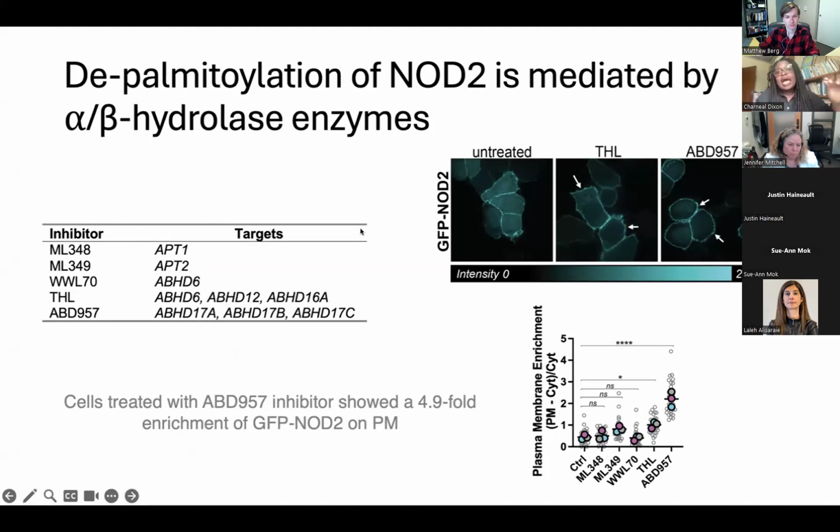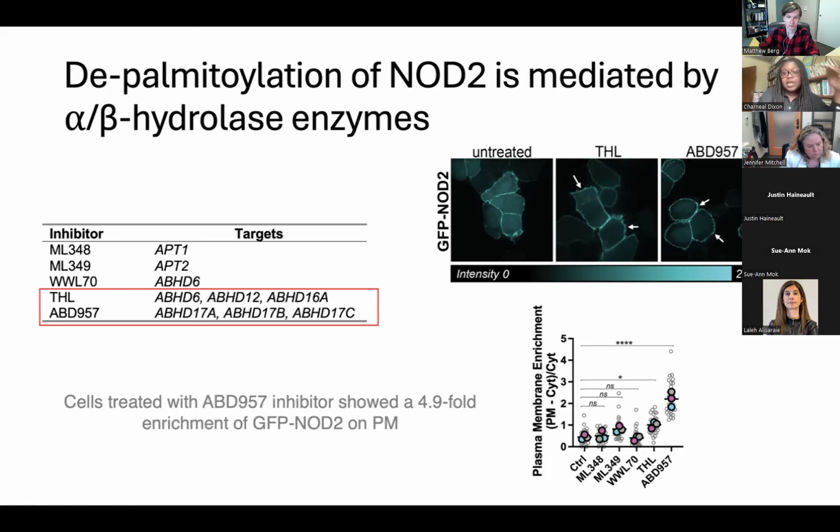But on the right, I've only shown the confocal images for those inhibitors that were effective in changing the localization of GFP NOD2, namely the lipase inhibitor THL and the selective ABHD17 inhibitor ABD957. And as you can see from the quantification graph below, there was almost a 5-fold increase in NOD2 enrichment on the plasma membrane when ABHD17 enzymes were chemically inhibited.